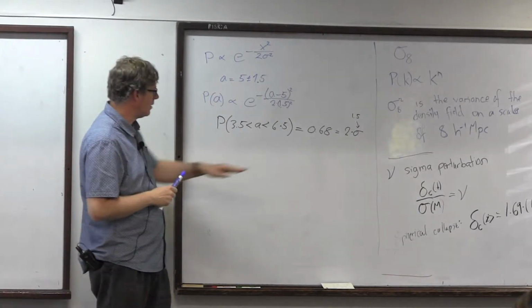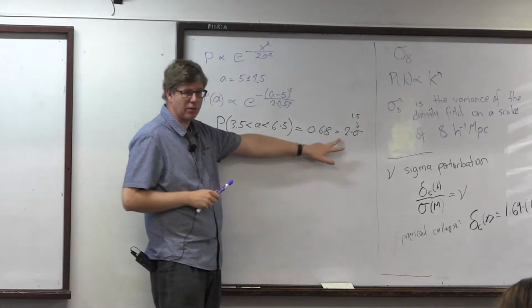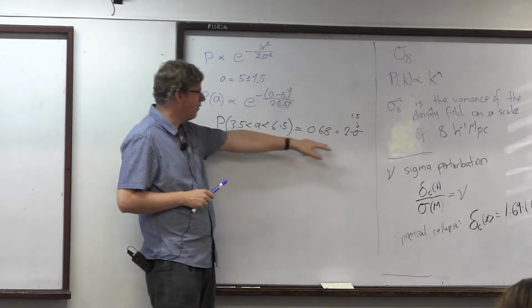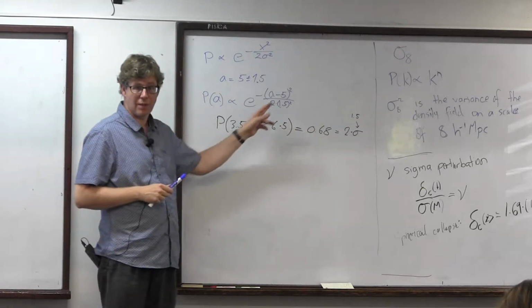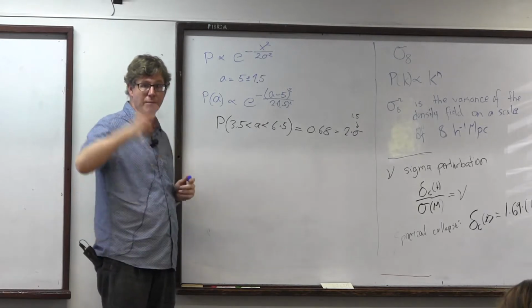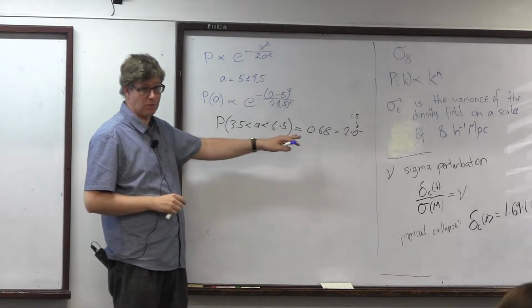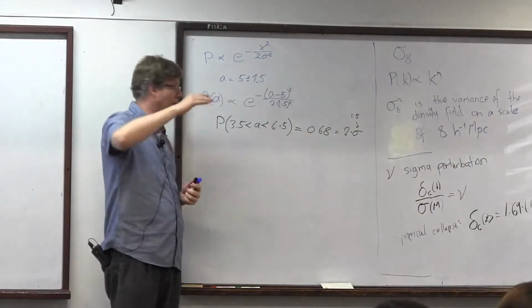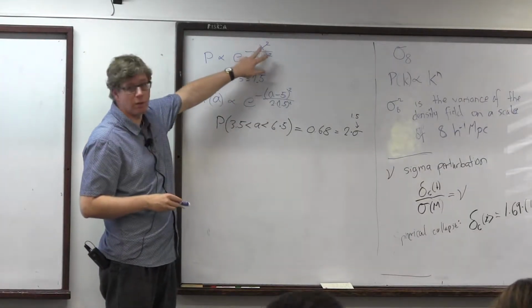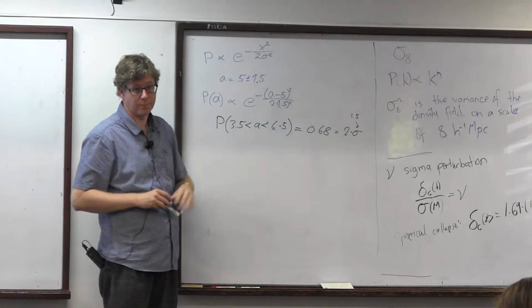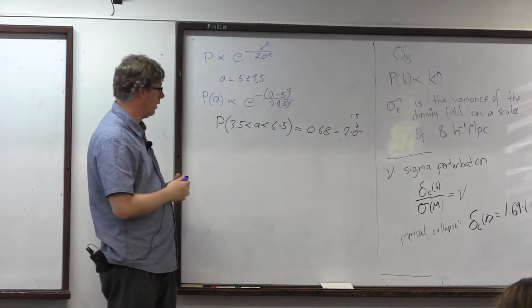It's very easy to have something that's 1 sigma. It's not very far from the center. It's very unlikely to have something that's 3 sigma. So 3 times the sigma away from the center is very unlikely. It drops down very quickly because it goes as an exponential to the x squared.